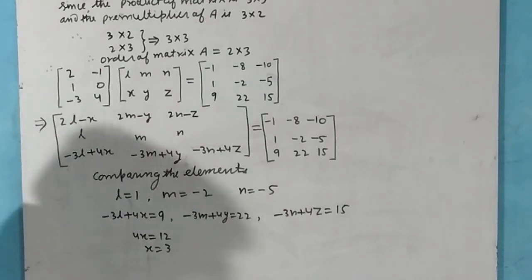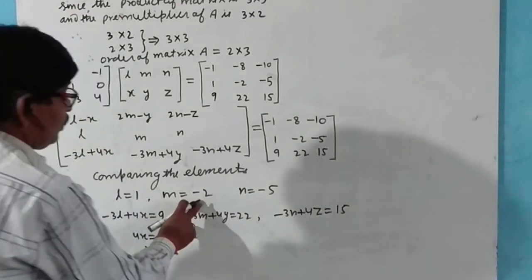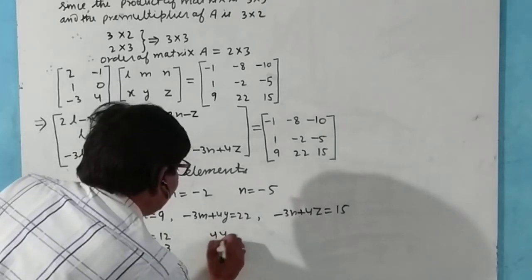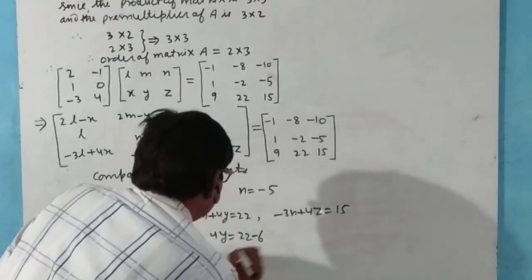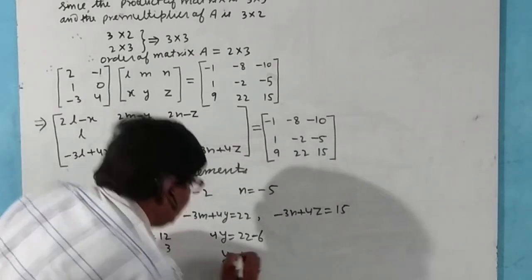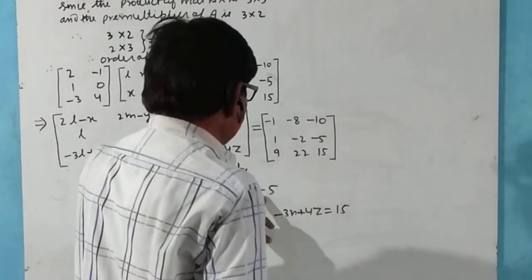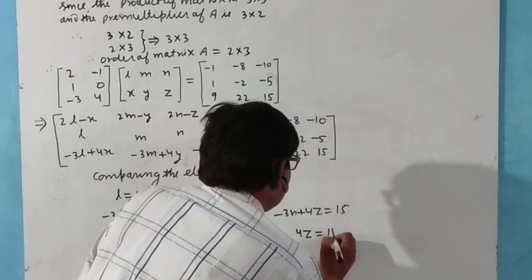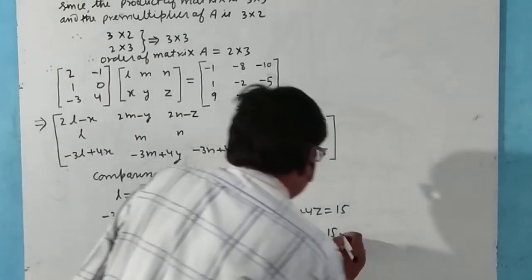Now in this case m is equal to minus 2, so minus 3 times minus 2 is plus 6, so that 4y equal to 22 minus 6, that is equal to 16, and y equal to 4. Here n is equal to minus 5, so that 4z equal to 15, and 3 fives are 15, plus 15.